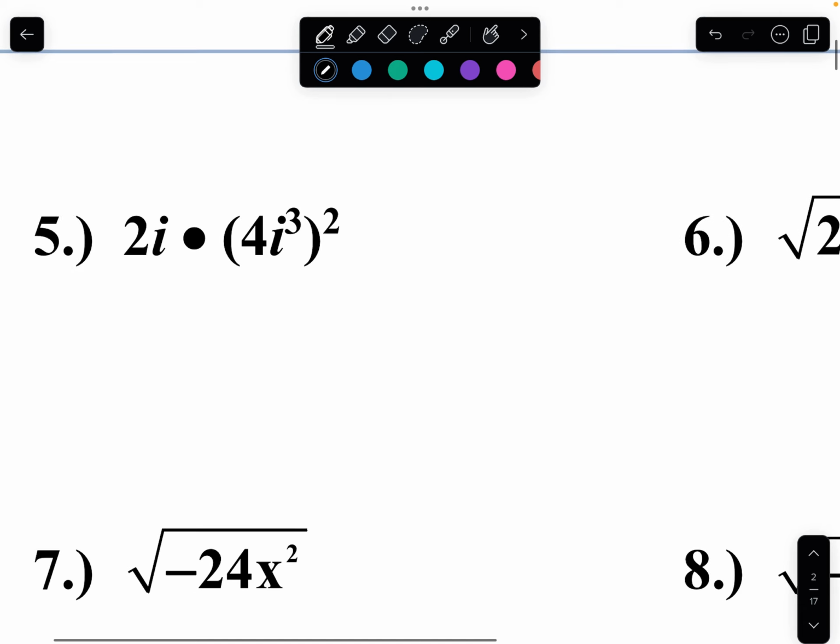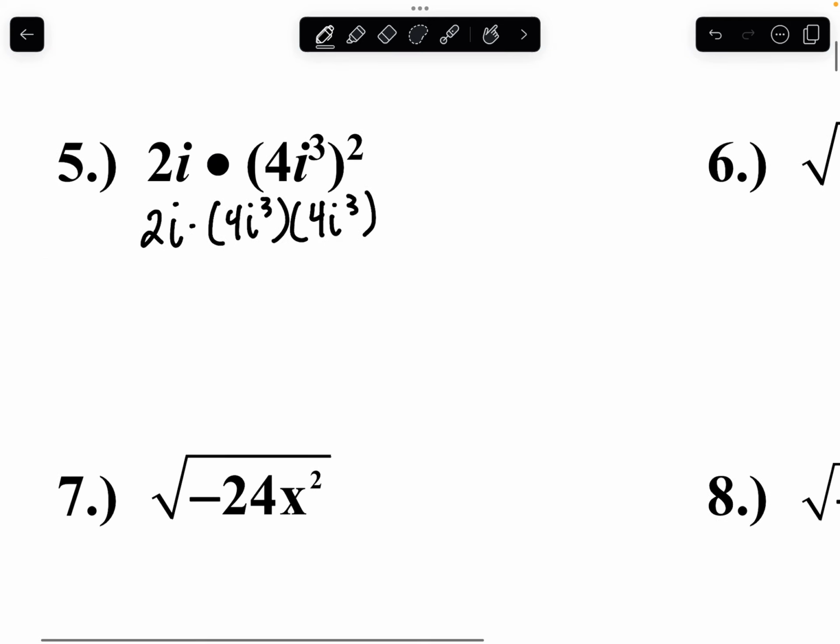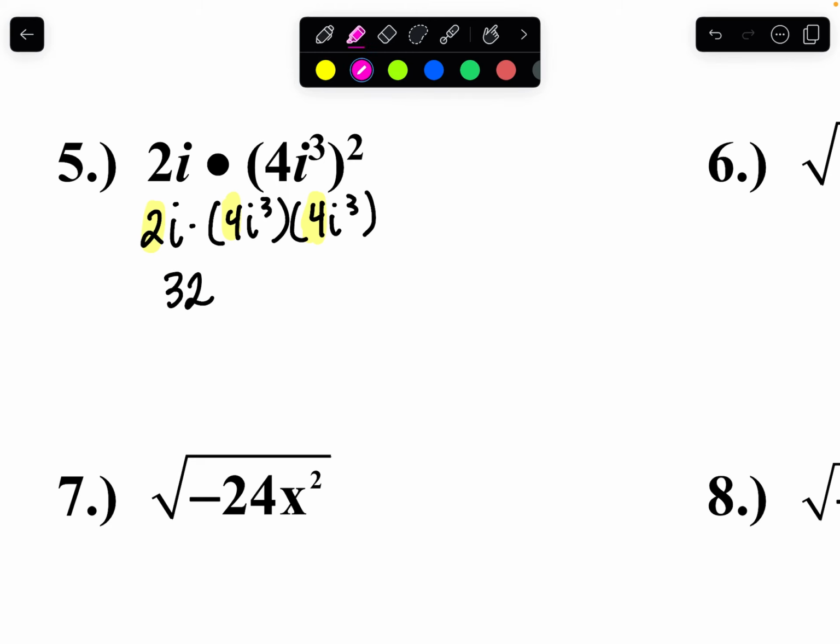All right, over here, following the rules of PEMDAS, you need to take care of this exponent first. What I like to do when I see squared is write whatever's being squared twice. So 4i cubed squared is 4i cubed times itself. Whenever you have a multiplication strand, you multiply the coefficients and bring them out front. So 2 times 4 is 8, times 4 is 32. Then for the copies of i, you just add up how many copies.